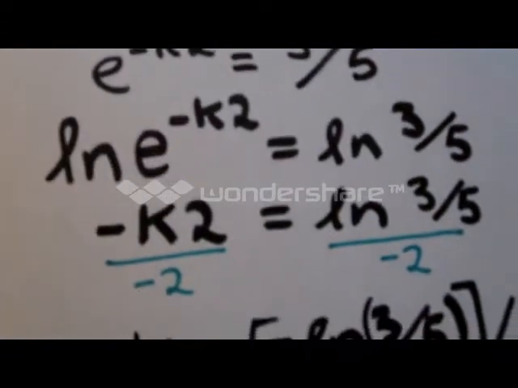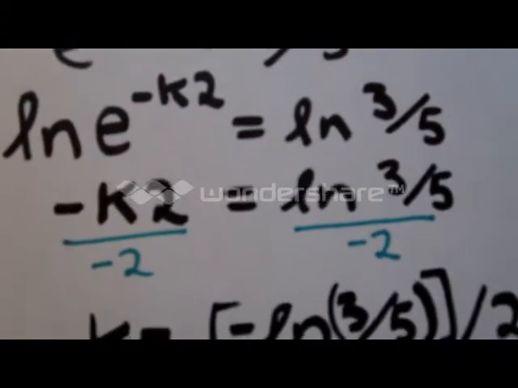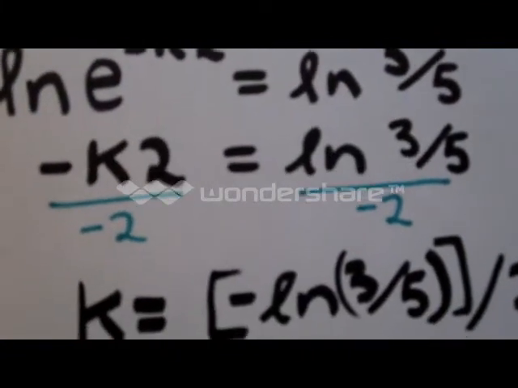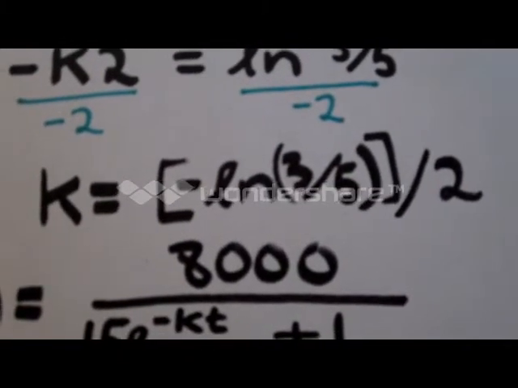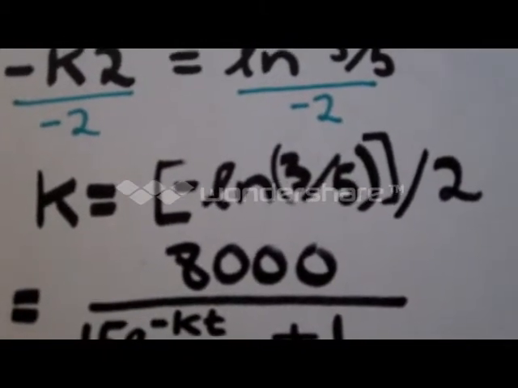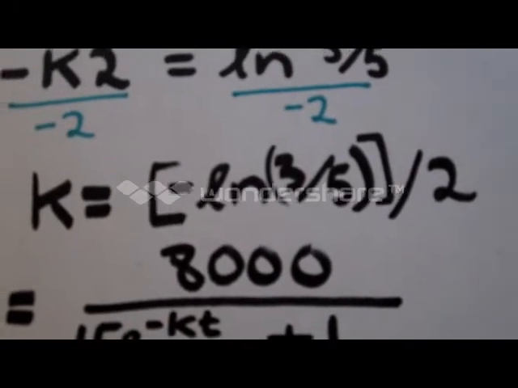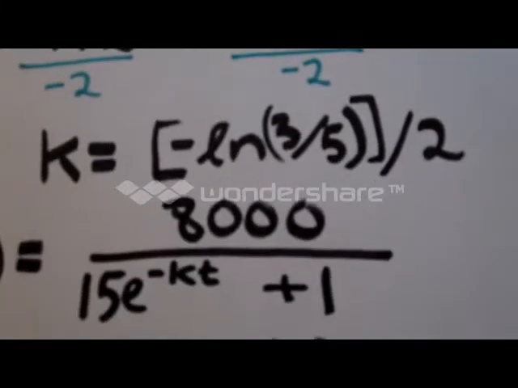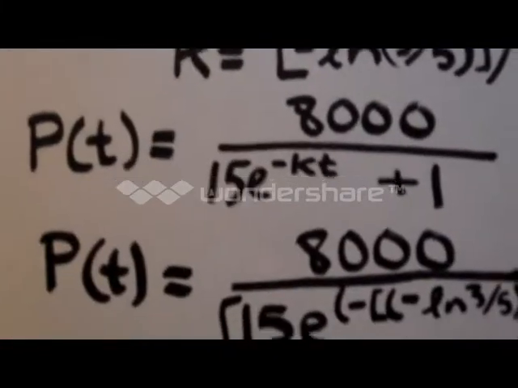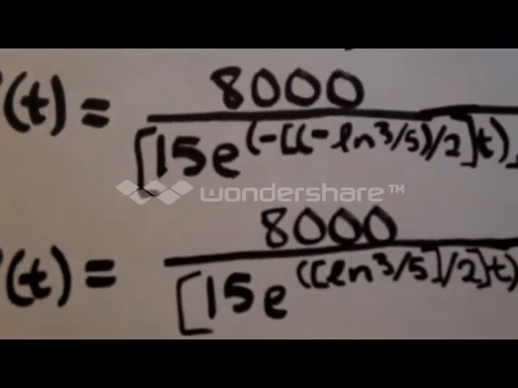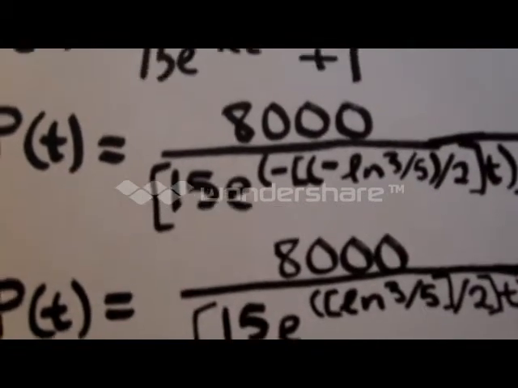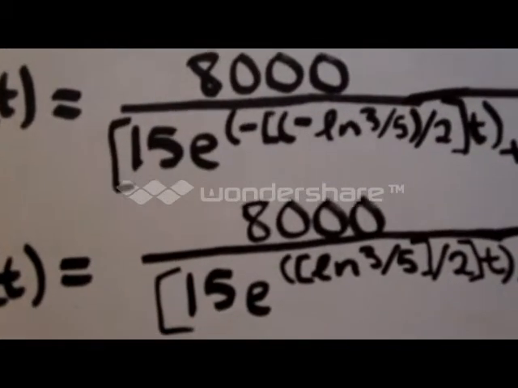And you get negative 2k equals natural log of 3/5. Divide by negative 2 to get k by itself, and you get k equals negative natural log of 3/5, all over 2. So you plug that k back into this equation right here, and you get this, or as it simplifies out, the negative with the negative becomes (natural log of 3/5 over 2) t.